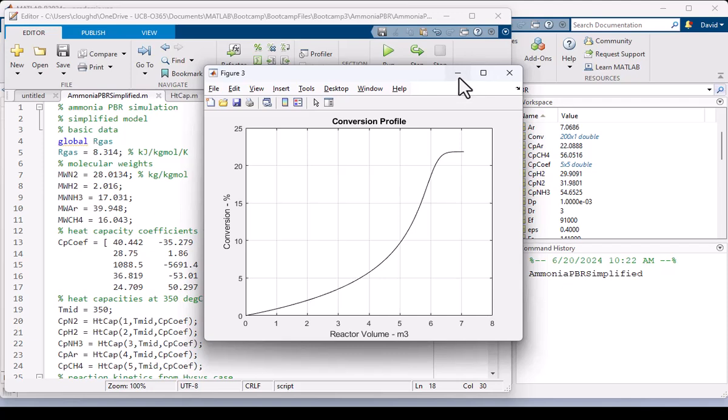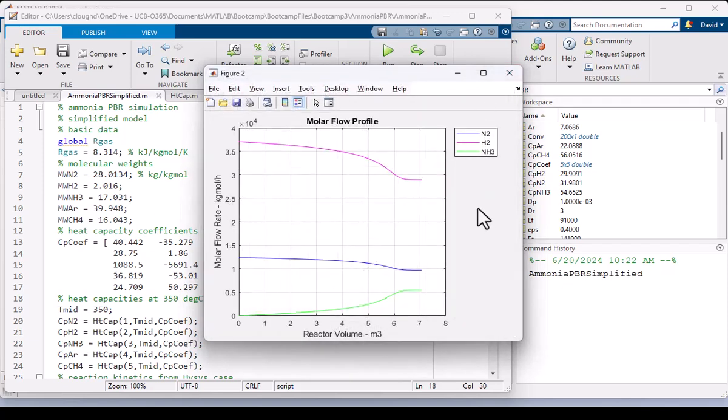We have that, and then we have our molar flow profiles. So we can see our ammonia coming up, and this is in terms of kilomoles per hour. And then we see our nitrogen being consumed and our hydrogen being consumed.